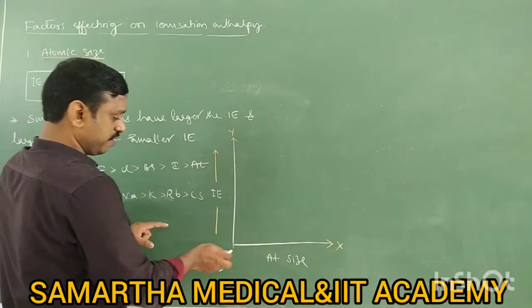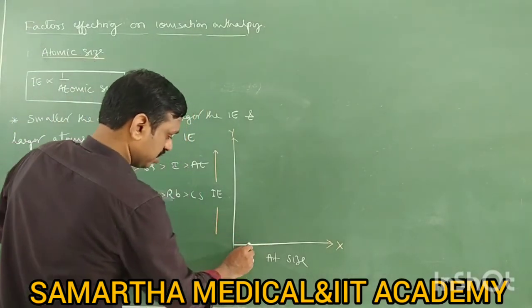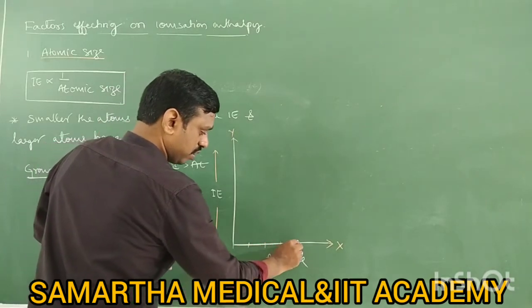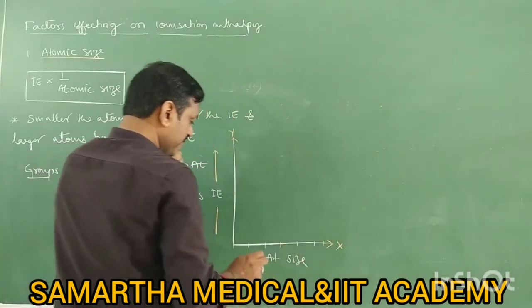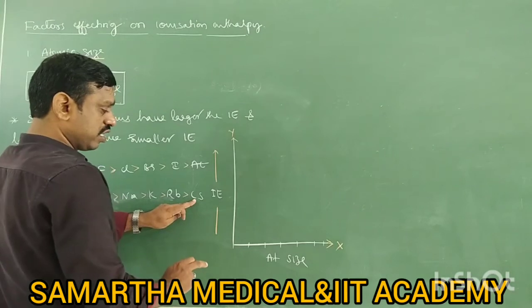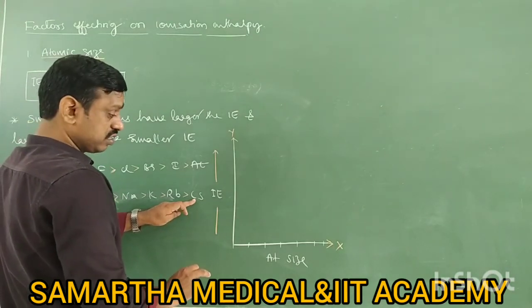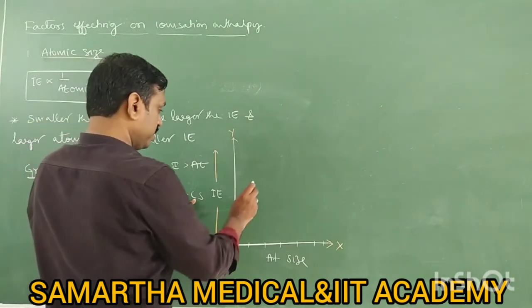Its atomic size, I'll write here, atomic size on the x-axis increases. Cesium has the highest atomic size and least ionization enthalpy. So it comes somewhere here.